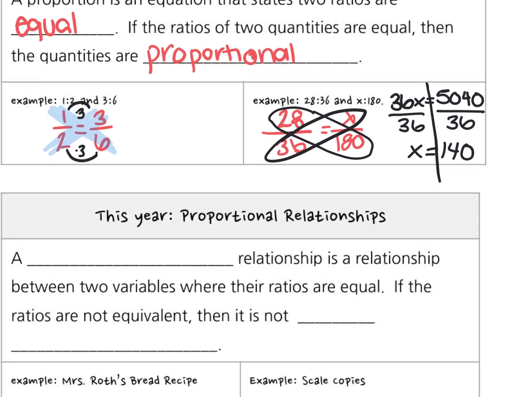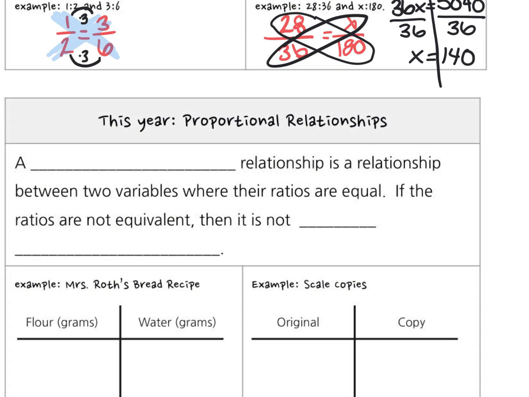All right, let's move on to this bottom table then. A proportional relationship is a relationship between two variables where their ratios are equal.